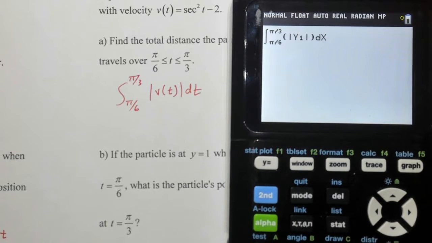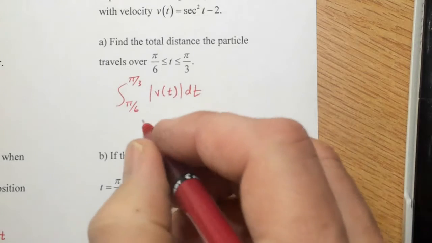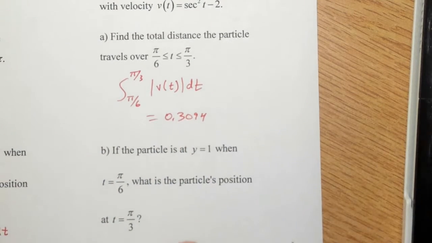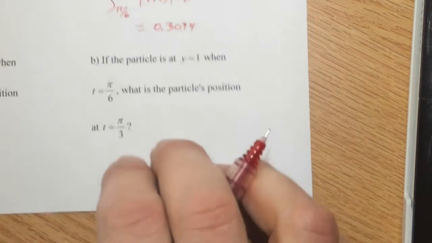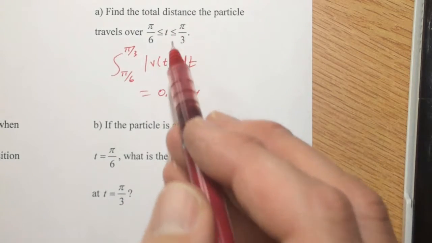And if you came up with this answer right here of 0.309, that is a great answer. All right, so we have this is equal to 0.3094. Not a lot of movement at all by this particle. All right, but it's also not that big of a time interval, basically right there.